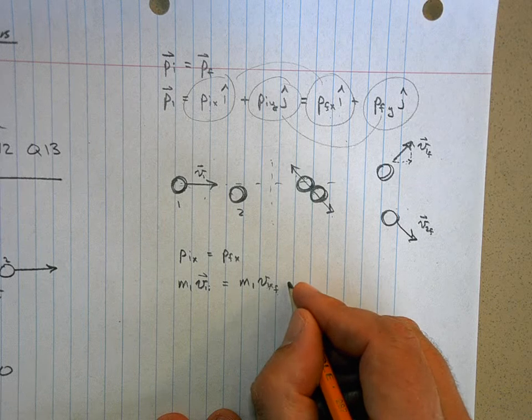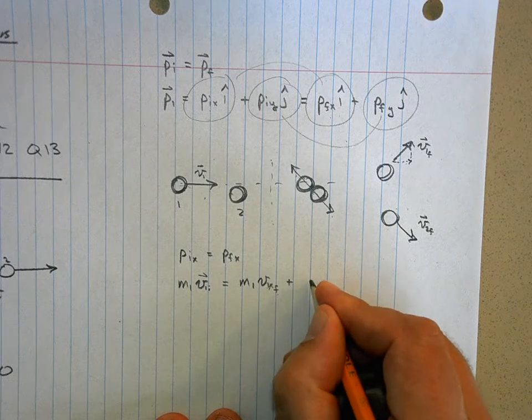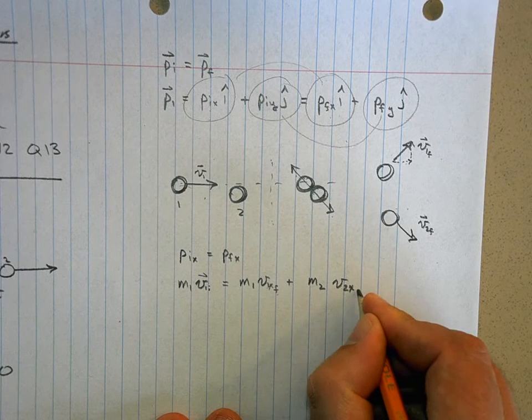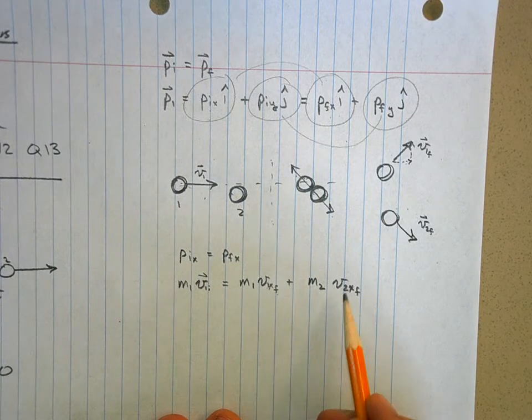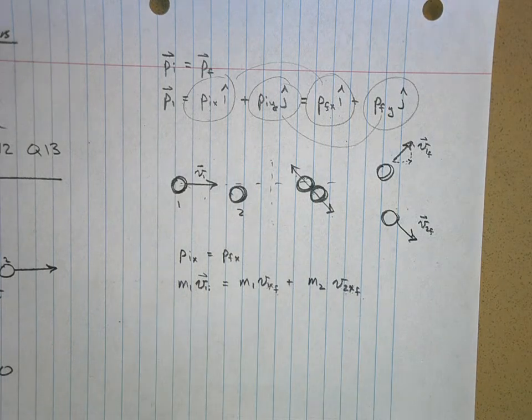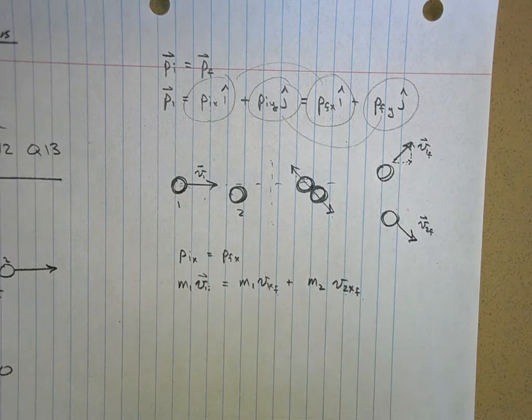And then this is going to be plus M2 V2x final. I mean, object 2, the x component after the collision. So you need 3 subscripts to describe this particular velocity. It's a component. Okay, it's for object 2, and it's after the collision. So that's 3 things you have to describe about it. That's why it has 3 subscripts. So don't be intimidated by that. It's just a way of describing it quickly.